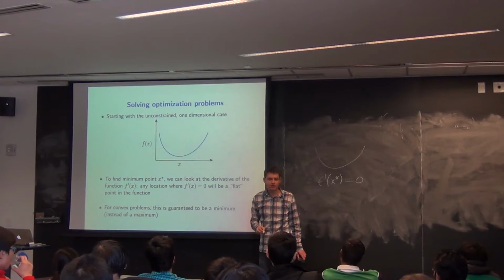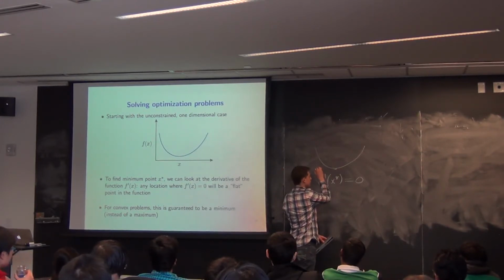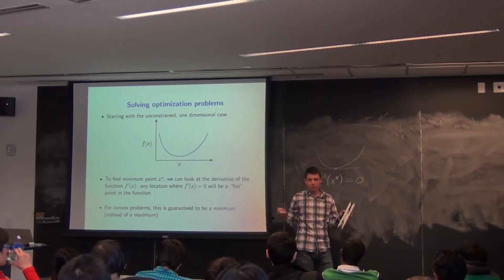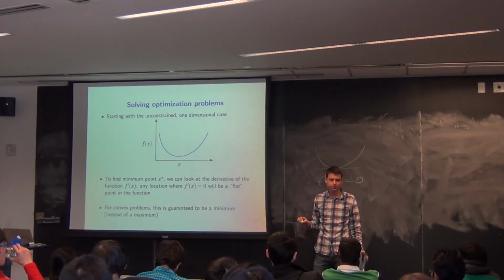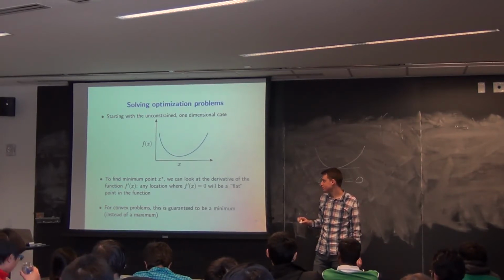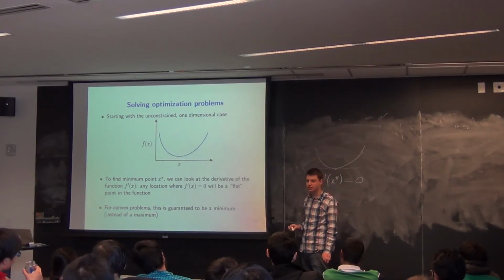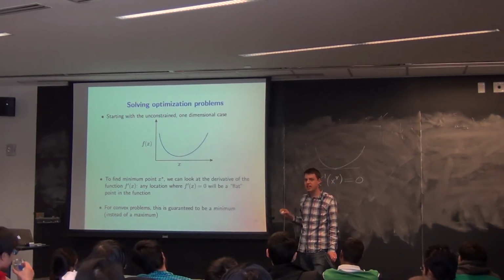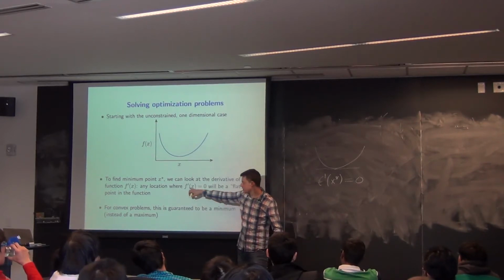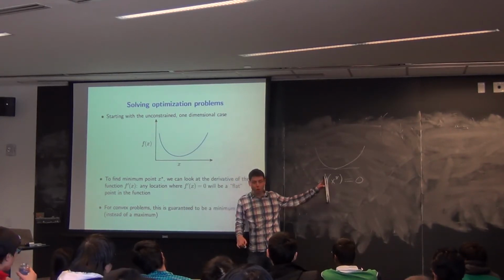That's the case because at the optimum point the slope has to be 0, or there would be a nearby point that was better. And in fact, for convex functions, this condition is sufficient to make this the global minimum.